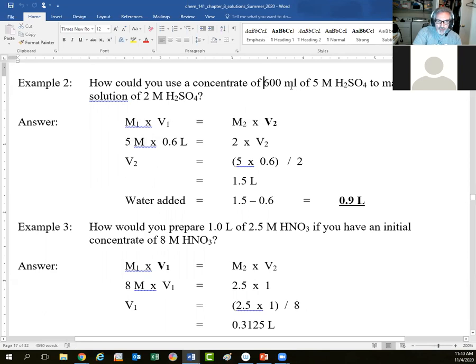We know the initial volume, 600 milliliters, which we divide by 1,000 to turn into liters. And we know the final concentration desired, 2 molarity. So V2 will be M1 times V1 divided by M2. That gives us 1.5 liters. And so the amount of water added to the 0.6 liters would be 0.9 liters, 900 milliliters.